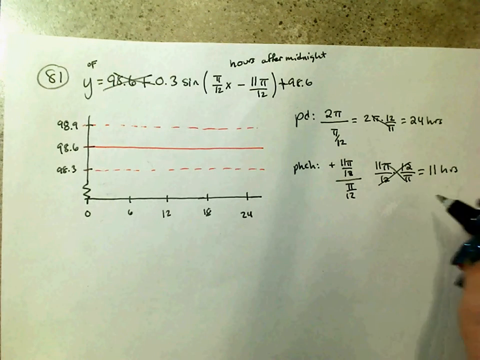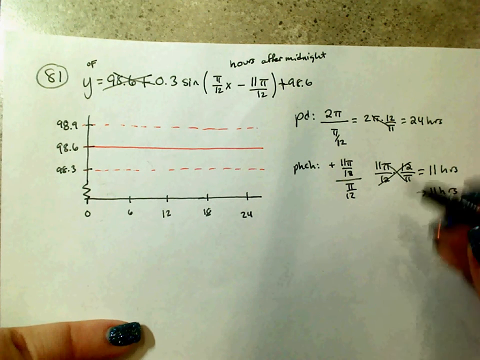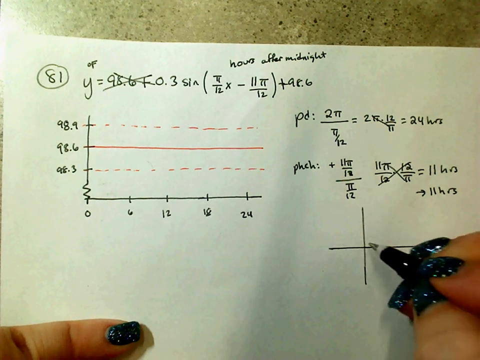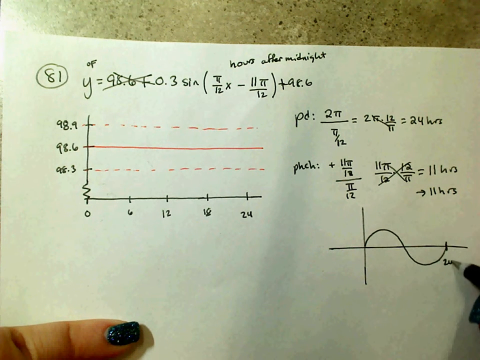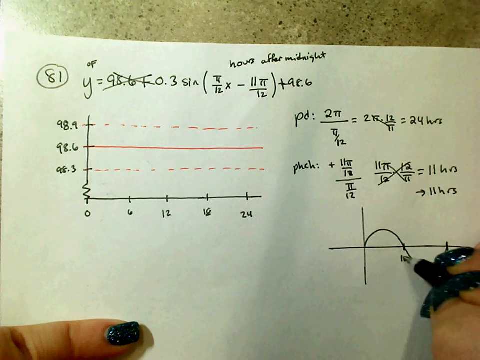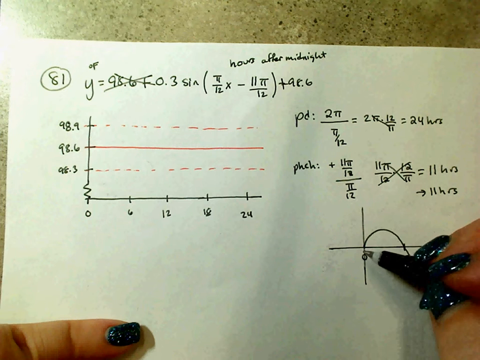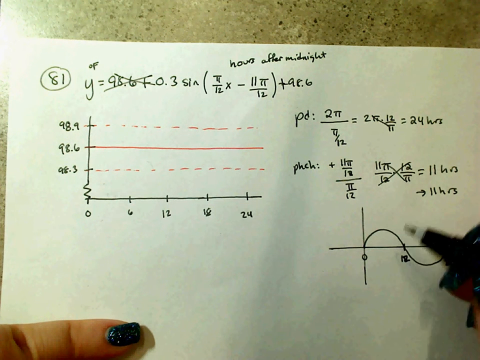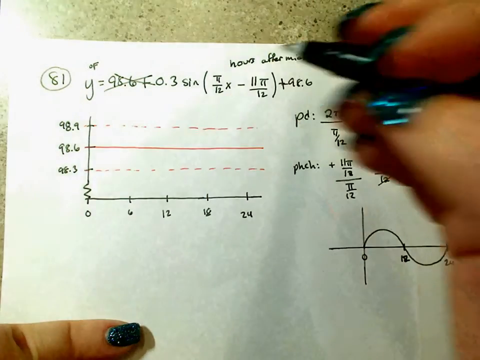So I'm just going to kind of draw a sine wave right quick. So say I've got a sine wave, and this right here is 24, and this is 12, and this is 0, right? What that tells me is that 0 would be at 11, because I got to go right 11 hours, right? So that's kind of ugly, but there you go. So this would be at 11.